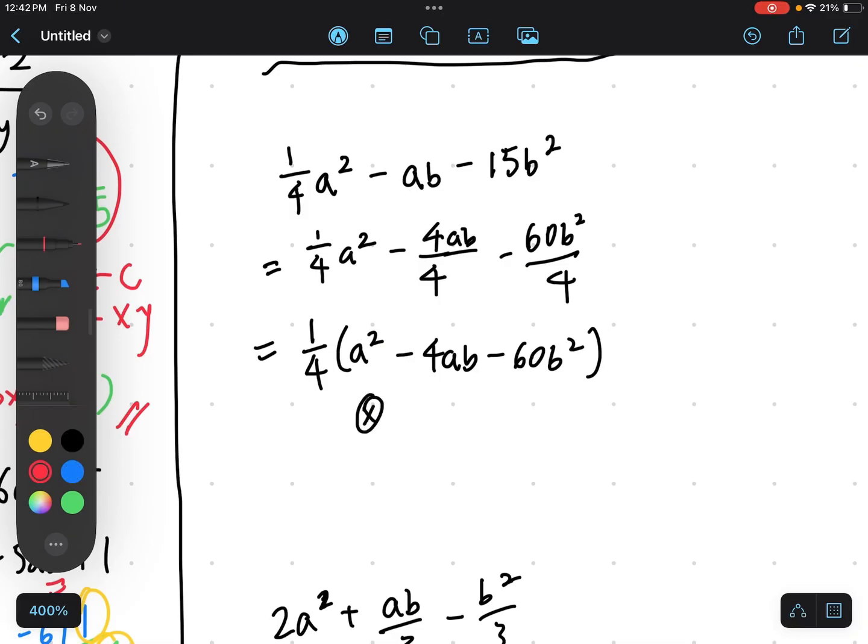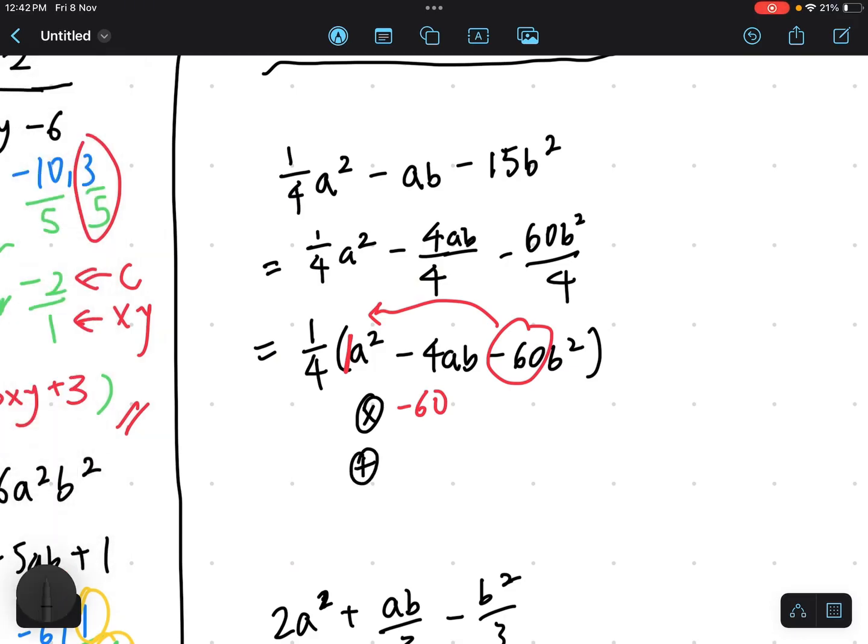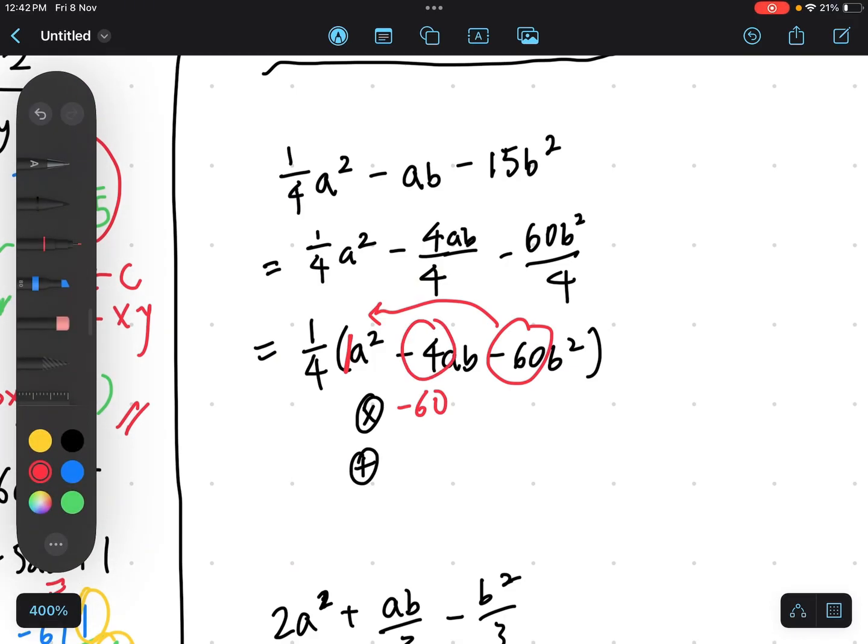Multiplication number, it will be minus 60 times this invisible 1, and then your addition number will be just here, which is a minus 4. Finding two factors of minus 60 that when added up give us minus 4. We will quickly bring that up.